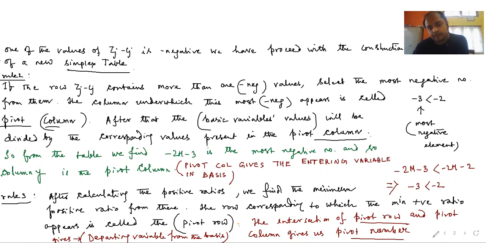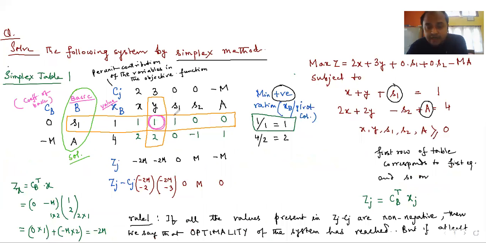So my new entering variable in the basis will be y, and the departing variable will be s1. So in the new simplex table, y will take the position of s1 and s1 will not be present. S1 will be eliminated from the chart.